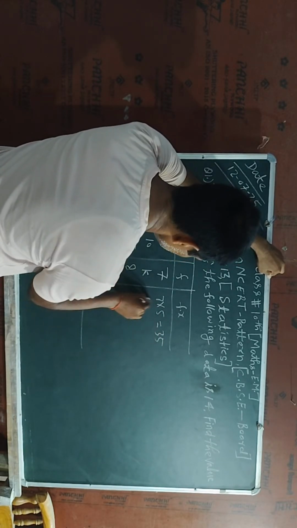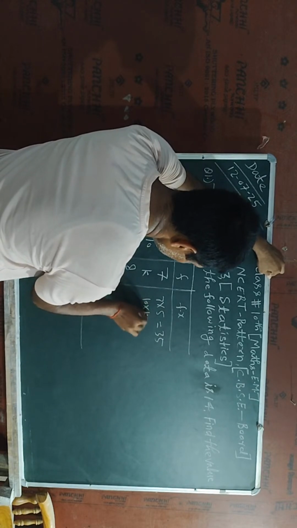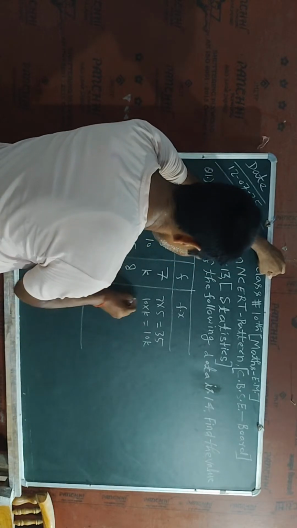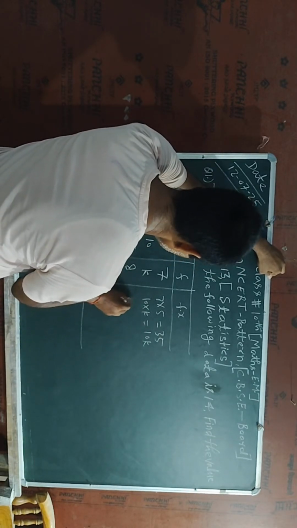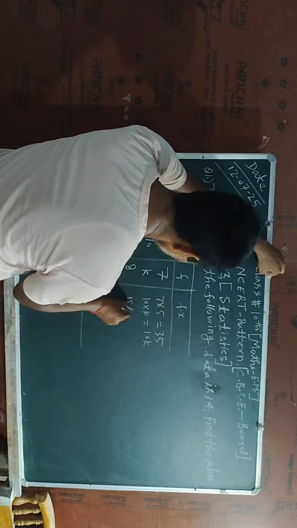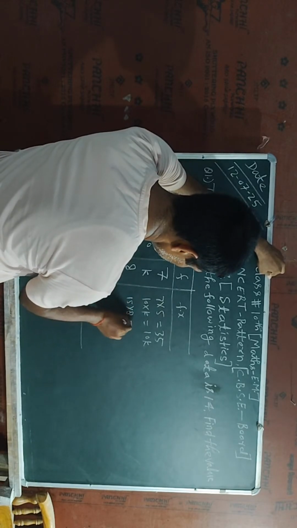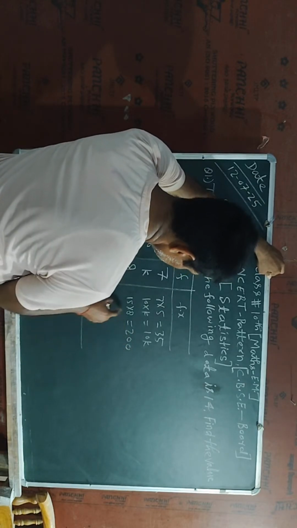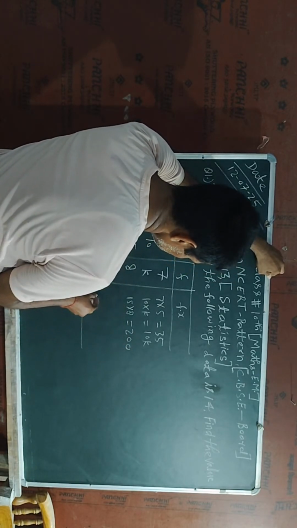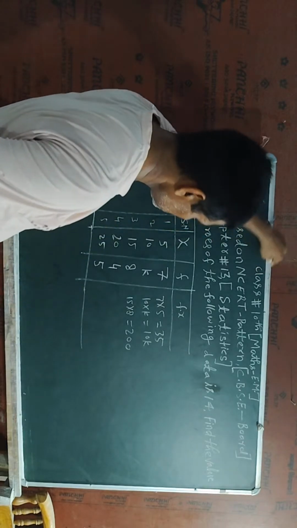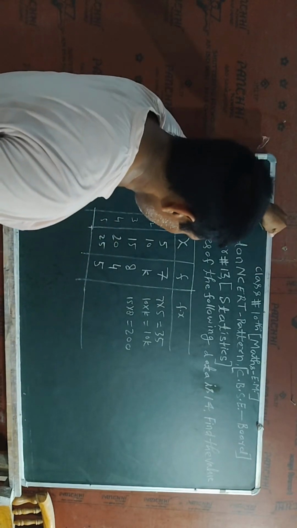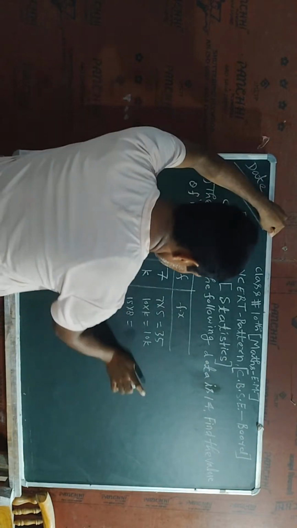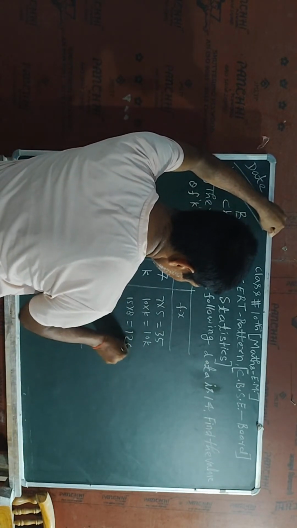Now here 10 into k, its value will be 10k. Now here 15 into 8 will be 120.